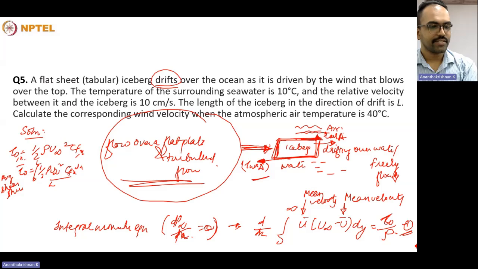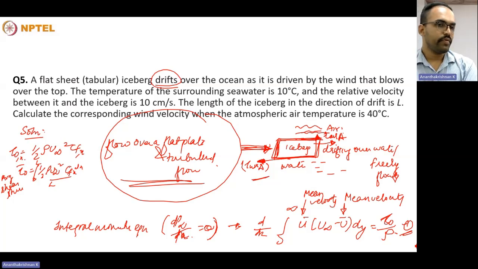For that, we require the shear stress equation. Shear stress can be obtained for the flow over a flat plate in the case of turbulent flow using Prandtl's 1/7th power law. Using the momentum integral equation, we substitute the Prandtl's 1/7th power law velocity equation, and then we can get a relationship between the shear stress and the delta, that is the boundary layer thickness. Then we can actually get the value of delta.